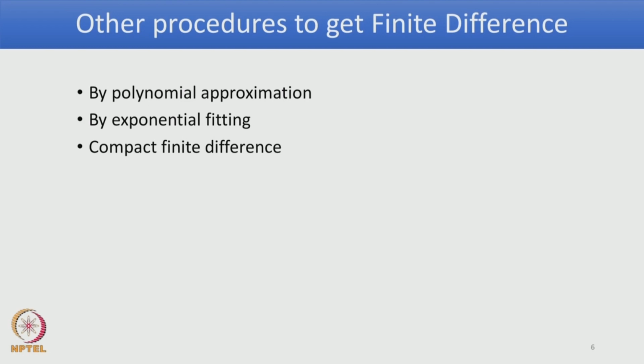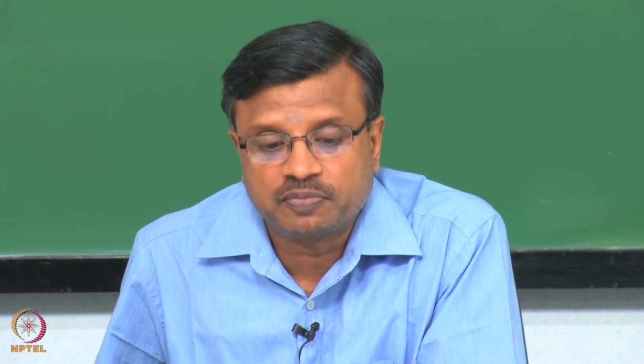As the name indicates, you are able to obtain a higher order accuracy scheme by considering only a smaller number of points, and there is a procedure available to get this higher accuracy scheme with fewer points, and that is what is known as compact finite difference scheme.